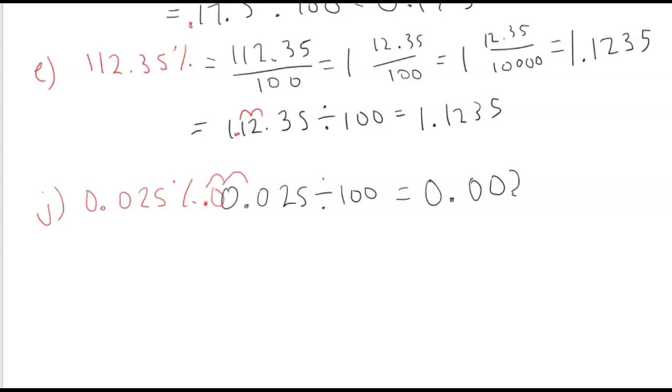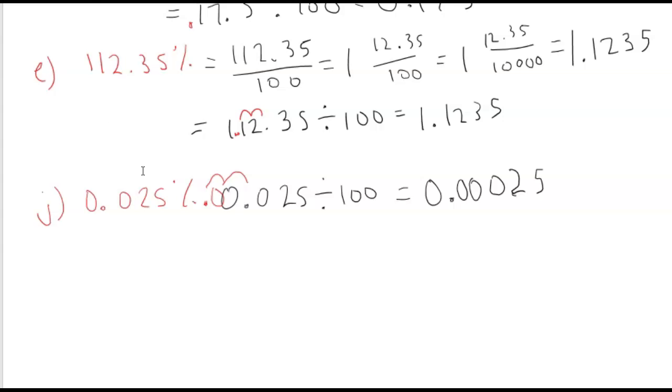Did I do that right? Let me just think. I needed 3 zeros, didn't I? Because that's so close, I'm seeing that as a part of this. Okay, so the decimal point has moved. So we've got 1, 2, 3 zeros to the right. So 0.00025.